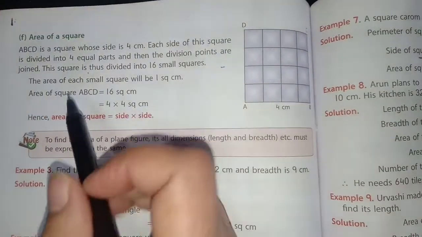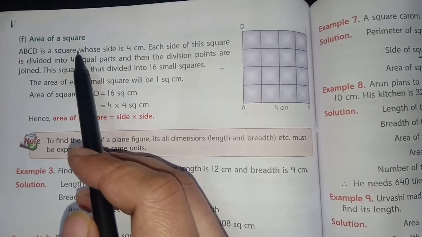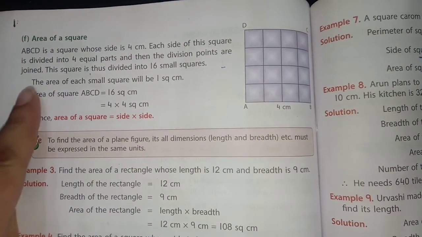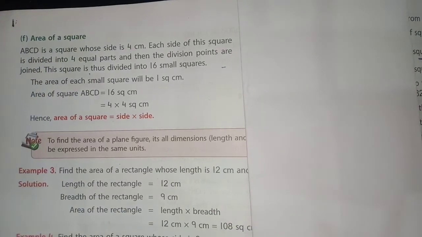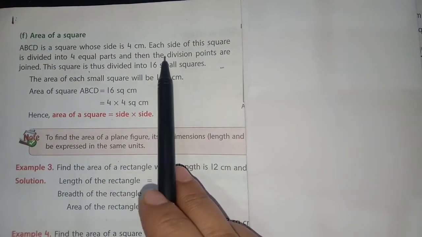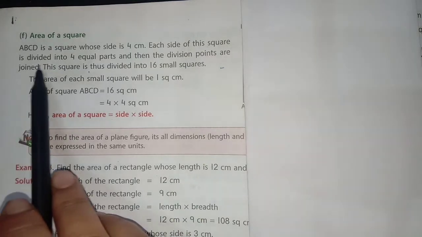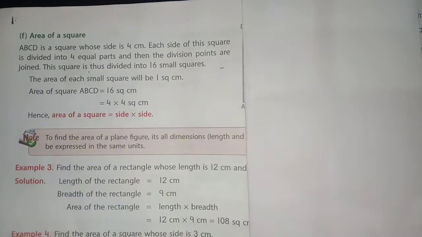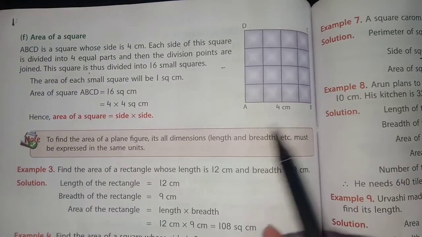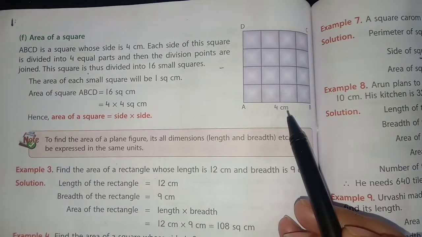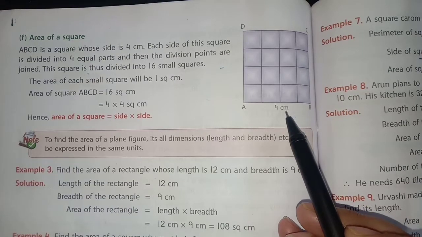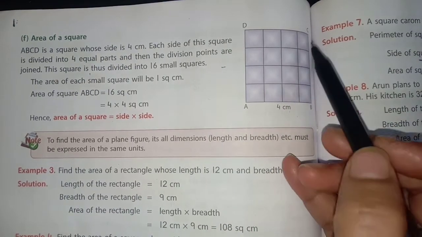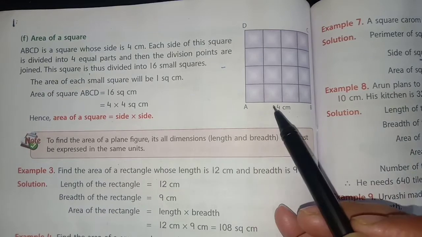Now let us see how to find the area of a square. ABCD is a square whose side is 4 centimeter. Each side of this square is divided into 4 equal parts and then the division points are joined. Now you can see here ABCD is a square whose side is 4 centimeter and each side of the square is divided into 4 equal parts.